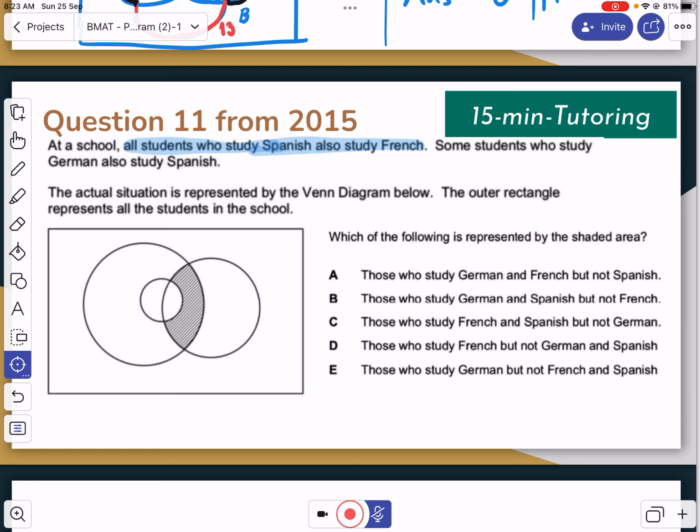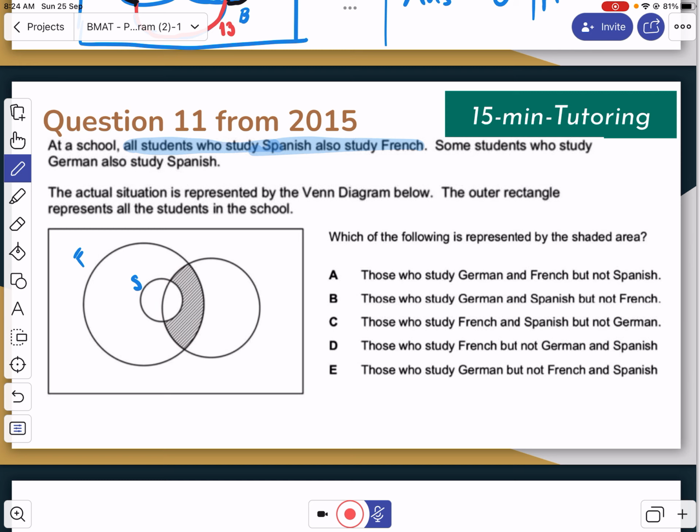We start here. All students who study Spanish also study French. And that suggests that all Spanish circle will be contained in the French circle. So we know that this must be Spanish, this must be French.